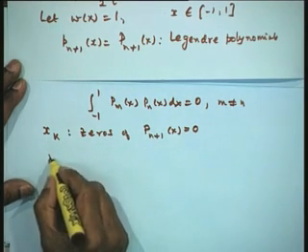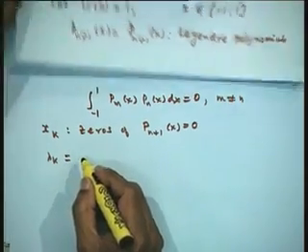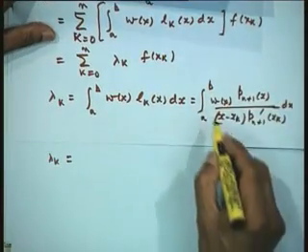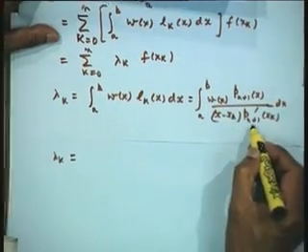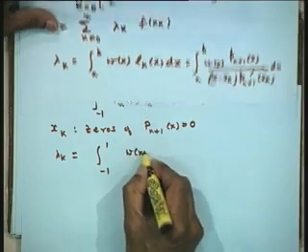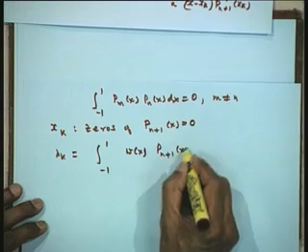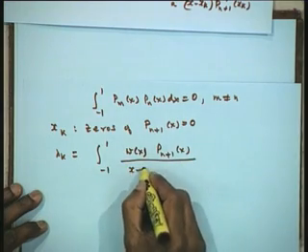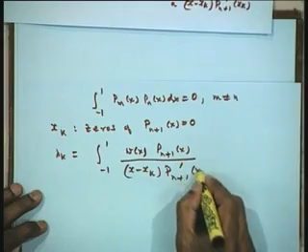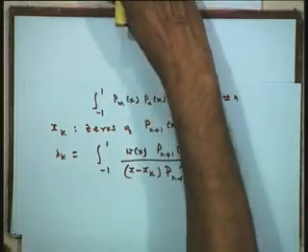And lambda_k, we have derived, is equal to the integral of w(x) times P_{n+1}(x) divided by (x minus x_k) P_{n+1}'(x_k), dx. So I could write this as the integral from -1 to 1, with w(x) equal to 1, of the Legendre polynomial P_{n+1}(x) divided by (x minus x_k) P_{n+1}'(x_k), dx.